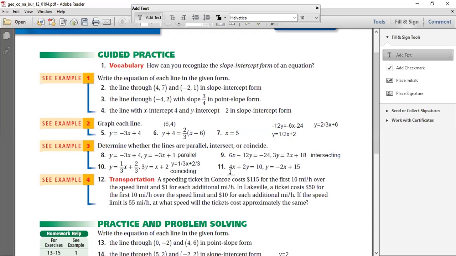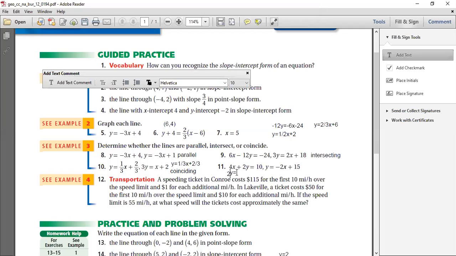So this is going to be 2y equals negative 4x plus 10. Okay, to get rid of this 2, of course you need to divide both the numbers by 2.